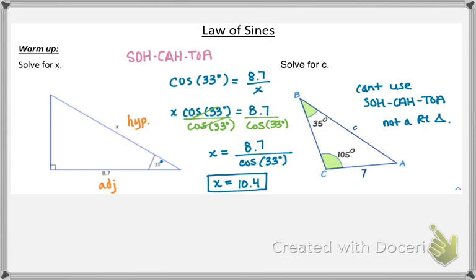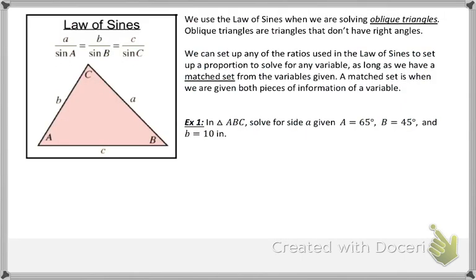So this unit, we're going to focus on solving non-right triangles, something called oblique triangles. So we use the law of sines when we're solving oblique triangles, and oblique triangles are triangles that don't have any right angles.